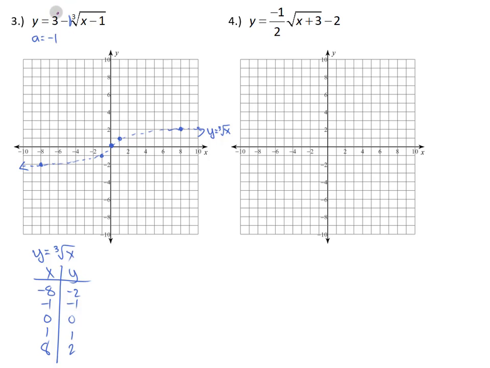Now this 3 is actually connected to the radical by addition or subtraction. You can actually think of this as being a positive 3 over here. So they just went a little tricky on you. The a value in front is -1, and that 3 is really your k value, that positive 3. H on the inside, remember, is the opposite of what it looks like, so that's +1, which means we need to go right 1 and up 3.